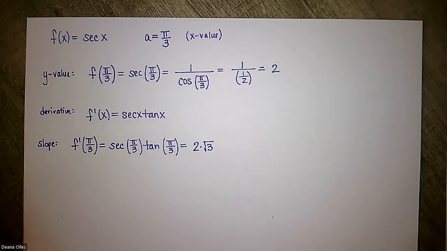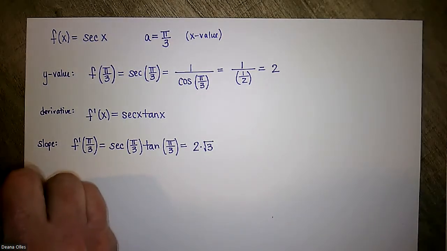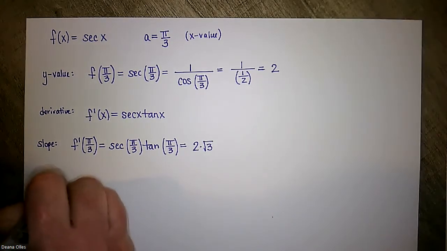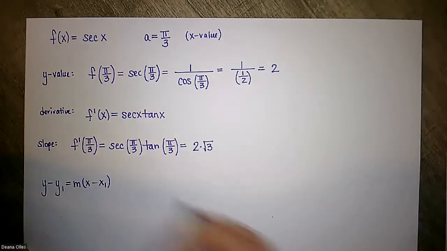Once I found the y value and the slope, and I already know the x value, I can find the equation of the tangent line. So let's look at this 2 ways. When we first did this, we used our basic point slope form. This is how we started the conversation today.